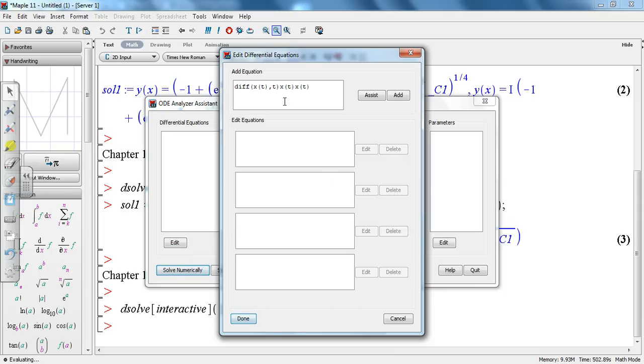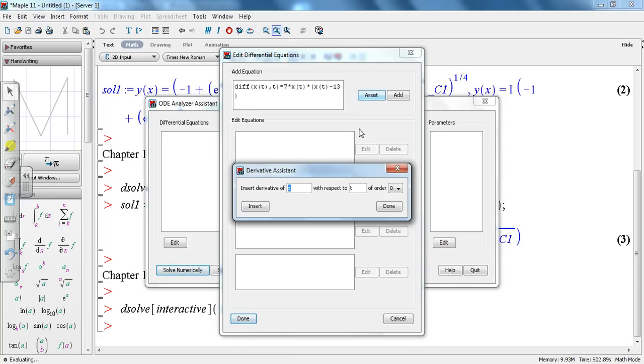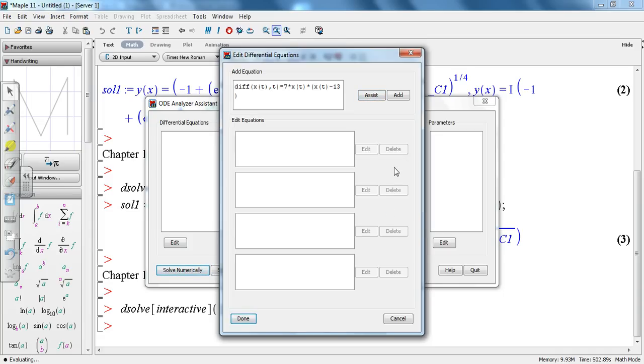Alright, so the derivative is supposed to be equal to 7 times x times parentheses x minus 13 close parentheses, and yeah, that looks right.